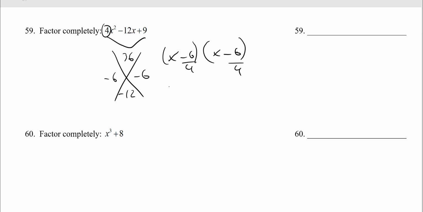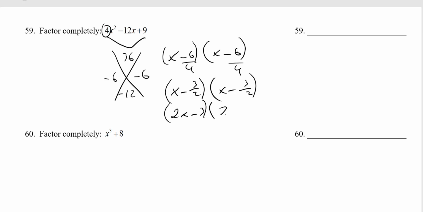So you got to divide first, simplify with your calculator, x minus 3 halves, and x minus 3 halves. Slide it over, so you get 2x minus 3, 2x minus 3. And you can actually write that as 2x minus 3 squared.